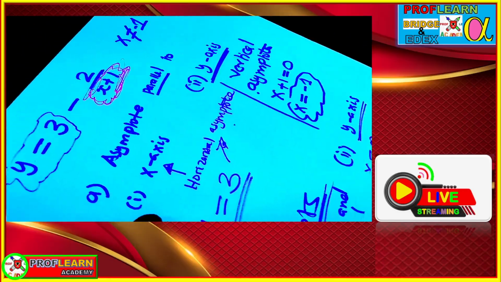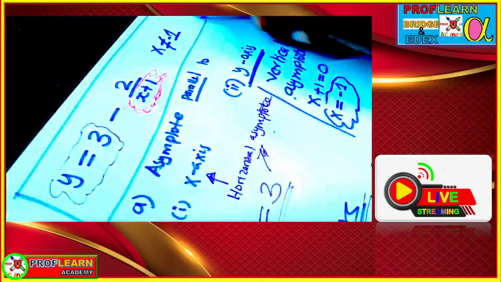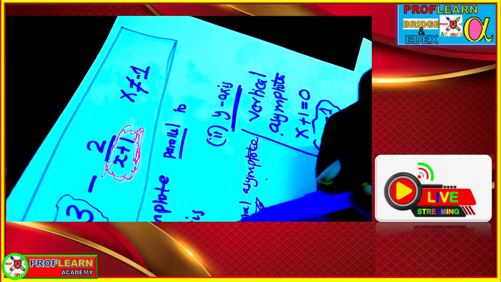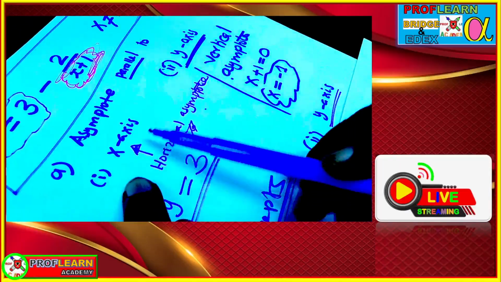For us to sketch this curve, something you need to understand is that we first need the asymptote. We had gotten the asymptote at this given point.